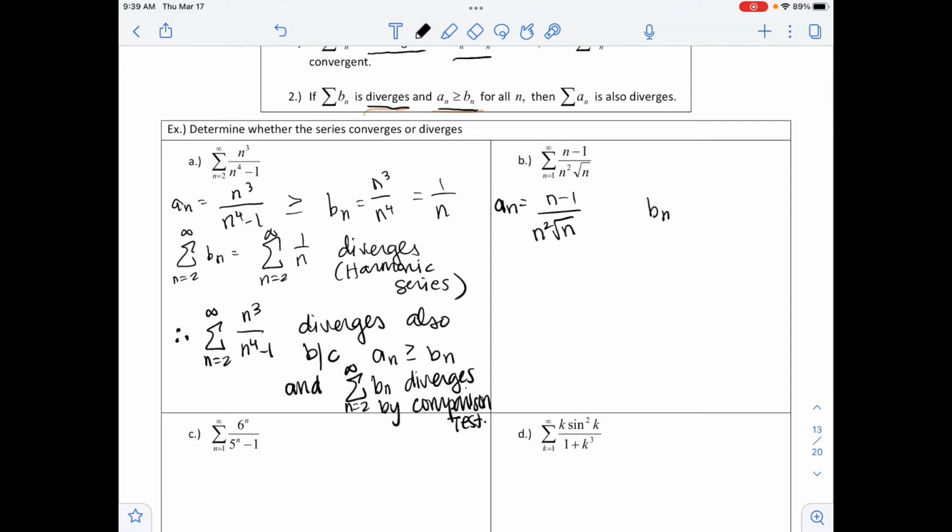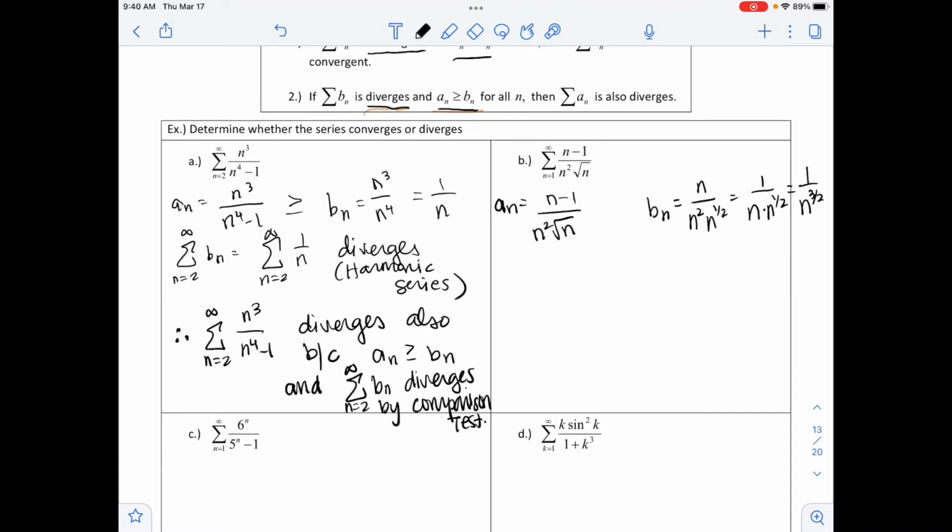And b sub n, I'm just going to ignore that minus 1 and say if we had n over n squared times the square root of n, or n to the 1/2, you can simplify one of those n's and you'd have 1 over n times n to the 1/2, or 1 over n to the 3 over 2.